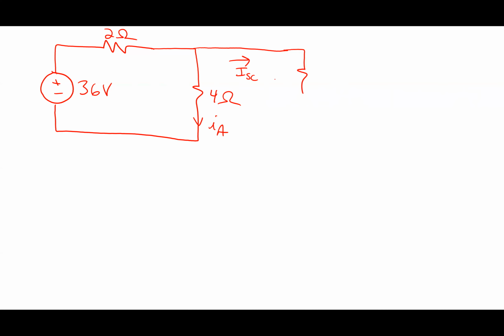My 6 ohms is here. And then I have this voltage source here, which is 2 times IA like that. I got a couple of ways I can do this, right? I can do mesh or nodal. We're gonna do mesh.